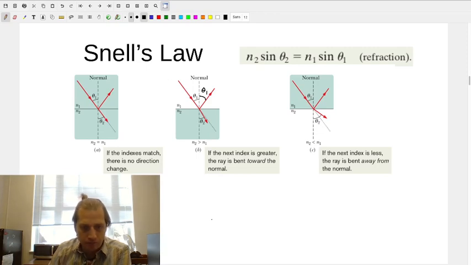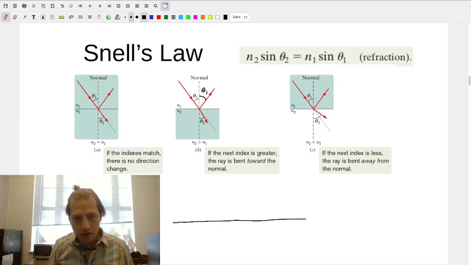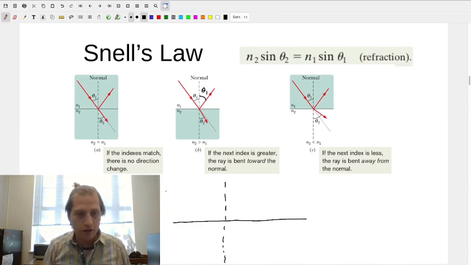So let me see. I want to try to draw a diagram that's helpful here. If you have two materials, N1 and N2, let's call this N here for air. This would be N is small. And here I would have N for water, and N would be big.